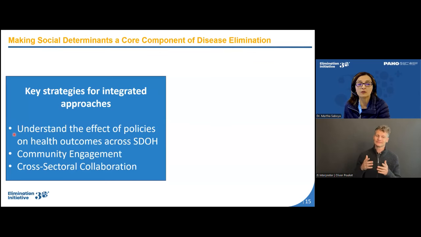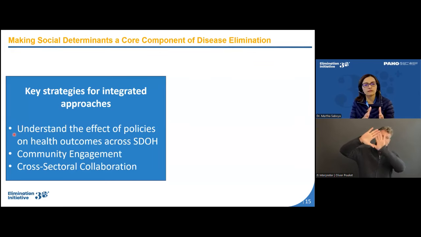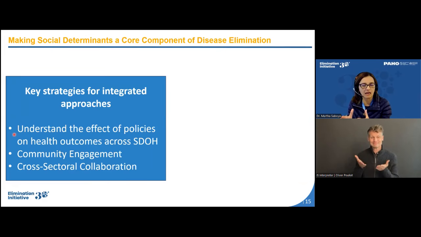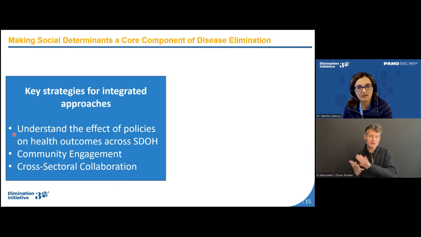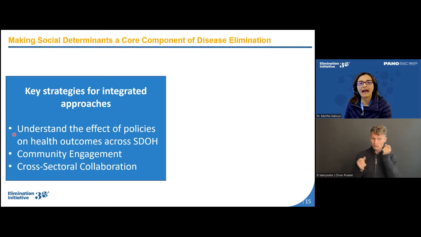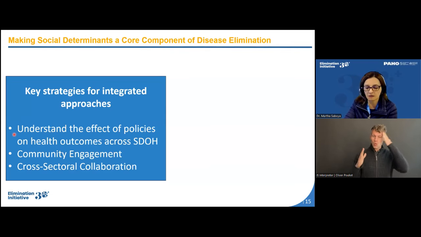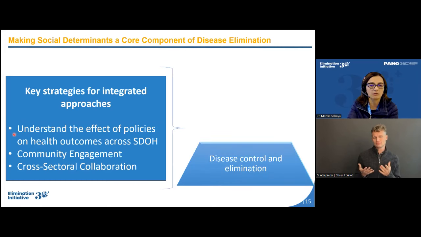First of all, we need to understand the effect of policies on health outcomes across the social determinants of health. We need to accelerate meaningful community engagement in planning, implementing, and monitoring actions. And we need to accelerate cross-sectoral collaboration if we really want to impact the root causes of communicable diseases.